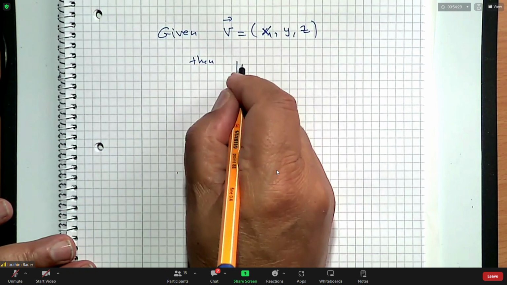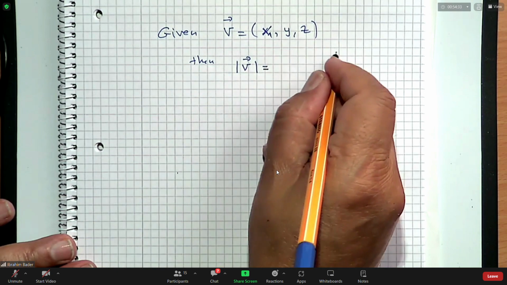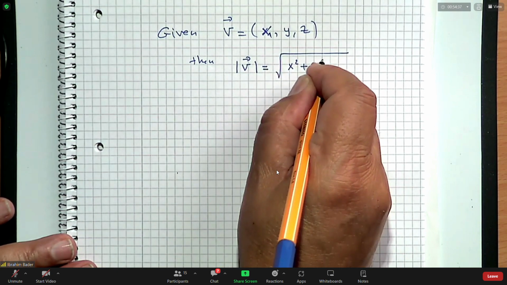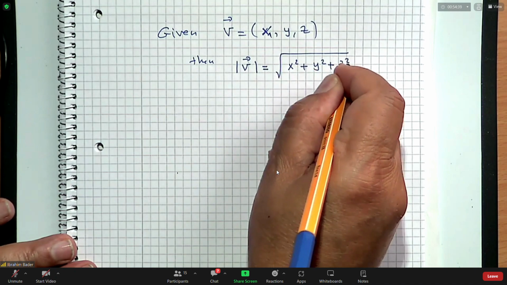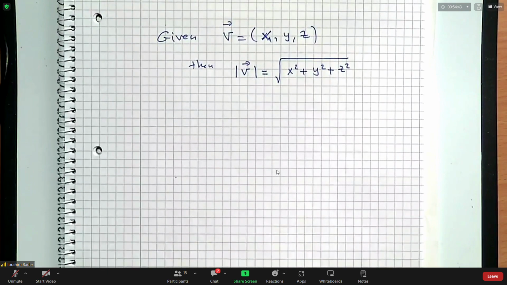In general, then the magnitude of V is calculated just as the square root of x squared plus y squared plus z squared. So here, if you have a 4-dimensional vector, then you just square each of the coordinates and put it under the square root. This is the magnitude of the vector.